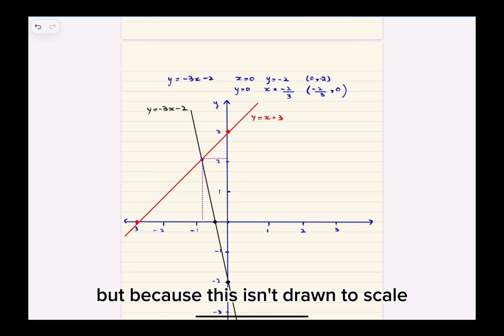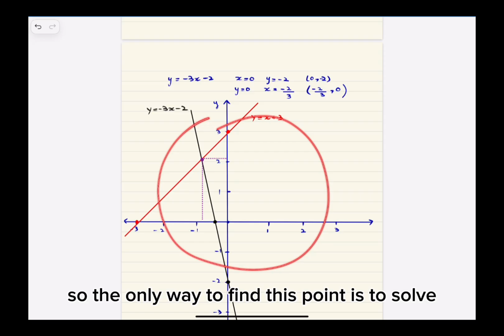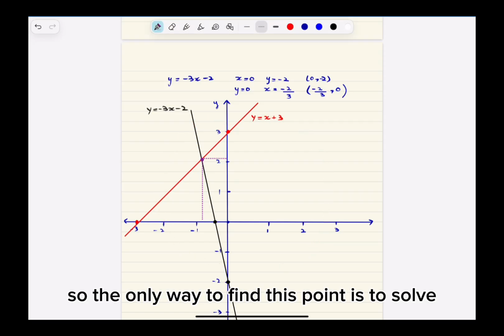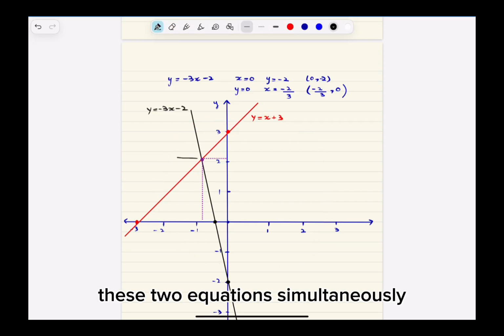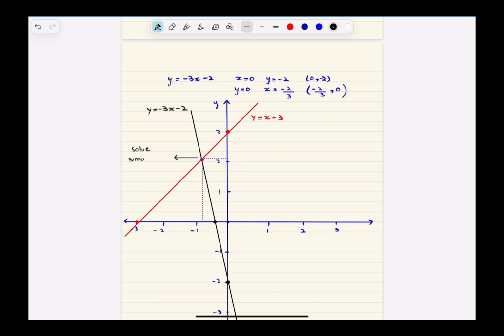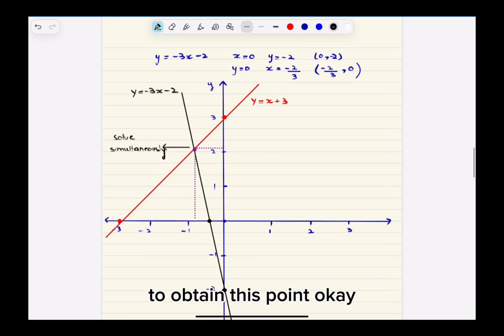But because this isn't drawn to scale, the only way to find this point is to solve these two equations simultaneously to obtain this point.